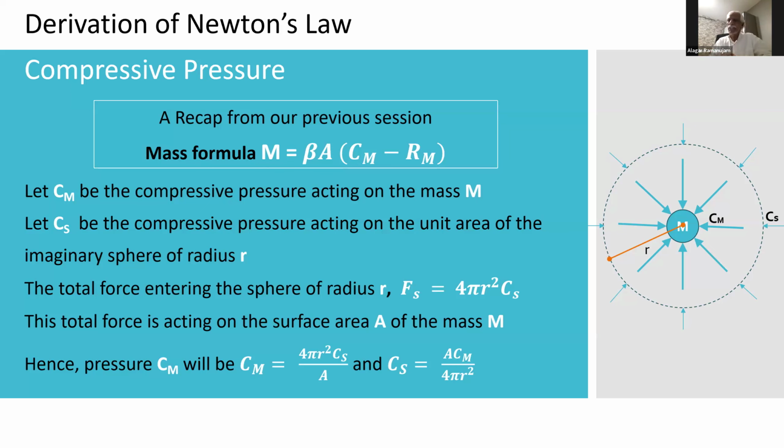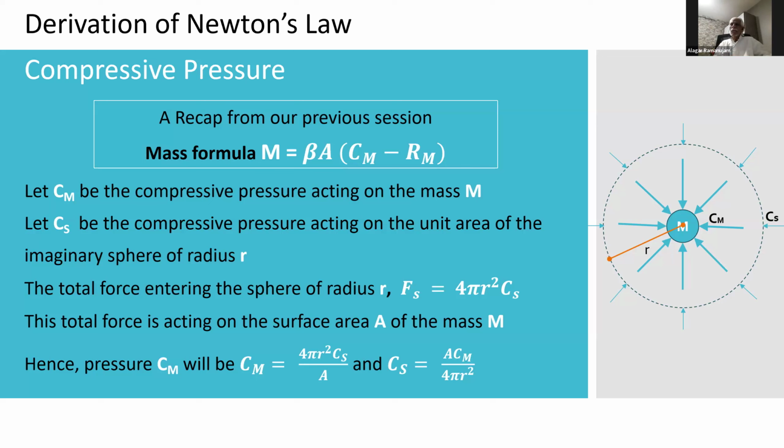So again, I will repeat. Cm is the compressive pressure on the surface of the body, the object. ACm is the total force compressing the body. This total force ACm is passing through the whole sphere of radius r. So on the imaginary sphere, the pressure will be the total force entering, A into Cm, divided by 4 pi r square, the area of the sphere.